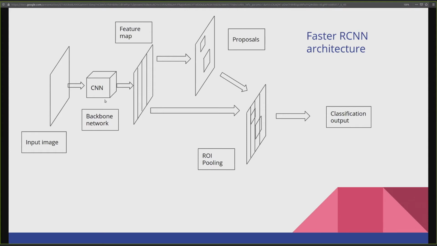From the CNN, we get a feature map, which is then passed on, and the algorithm sets out different proposals, different areas in the image where the cyclone can be. Then it performs ROI pooling, and finally we get a combined output as the classification output. So it performs classification and detection in a single method. This is the Faster RCNN architecture.